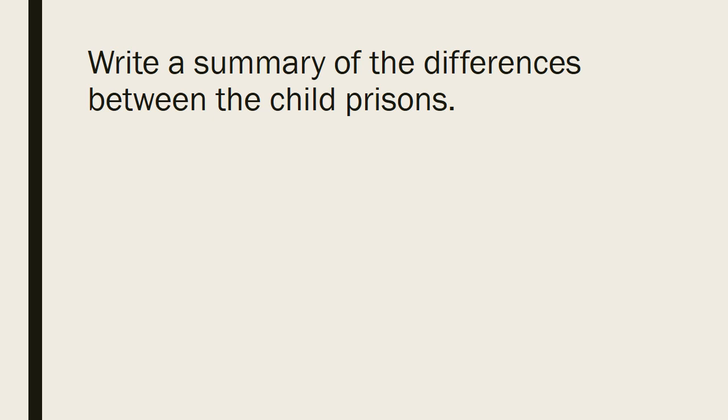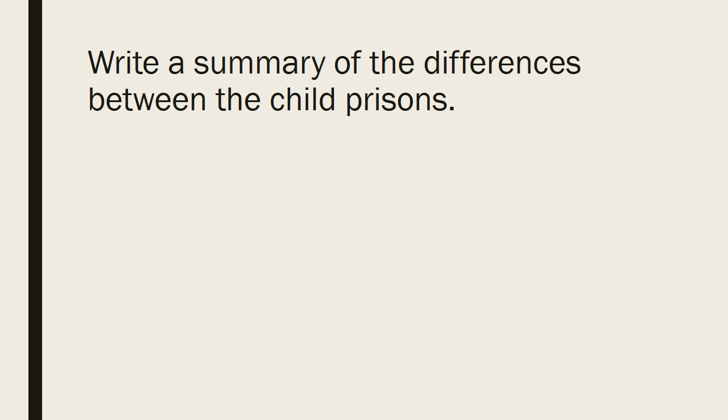We're now going back to the sources that you used last week, when you were looking at the arguments on the child prisons. Now we're not interested in the arguments anymore. What we're interested in is those as things you read and infer about.